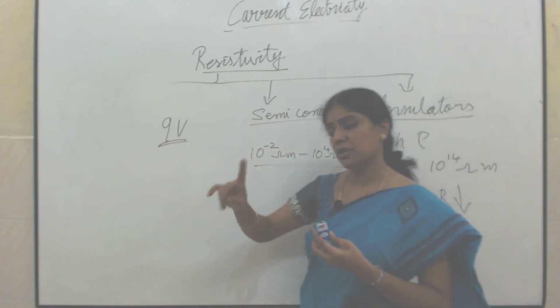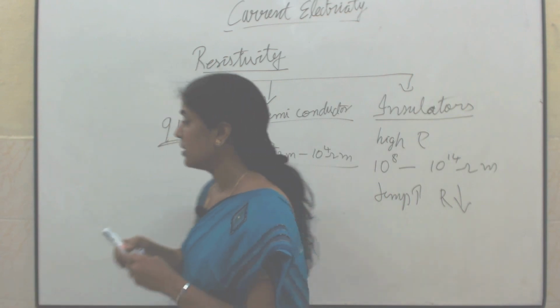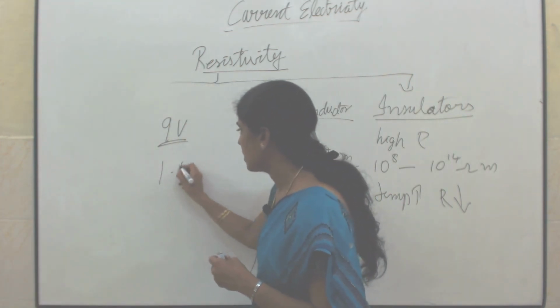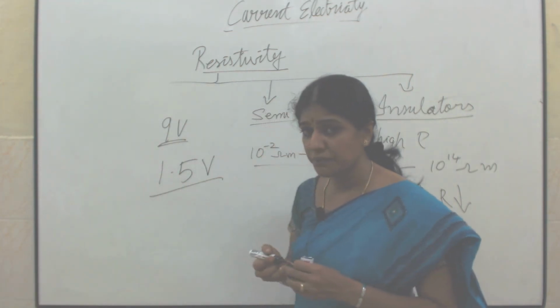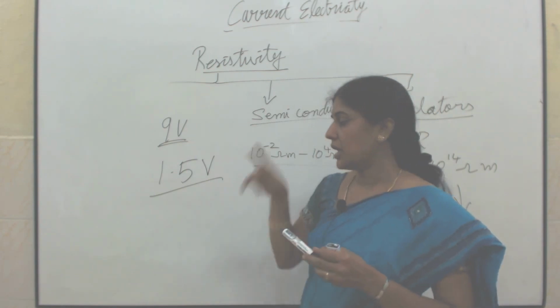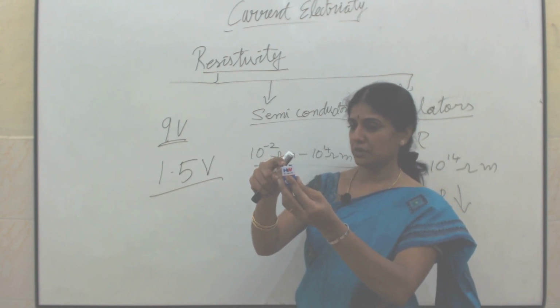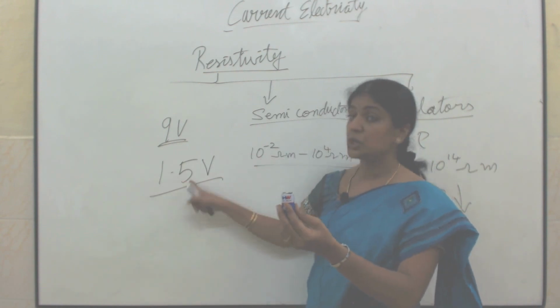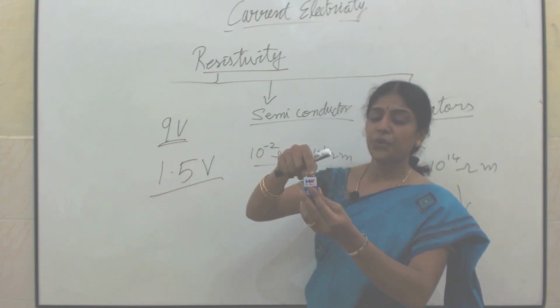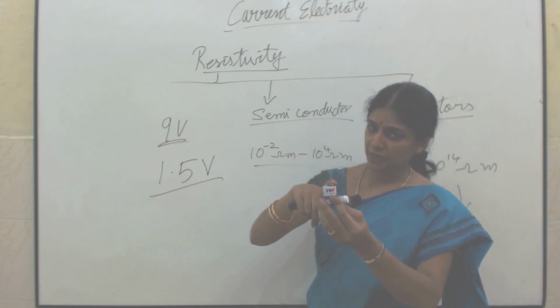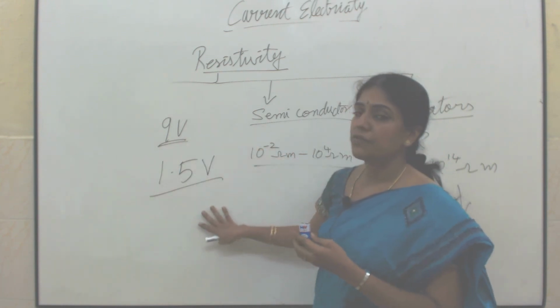If I say a battery of 1.5 volts, what does that mean? Each coulomb of charge, when it comes out of one side of the battery, will do 1.5 joules of work before re-entering the other side of the battery. So, that is the meaning of this.